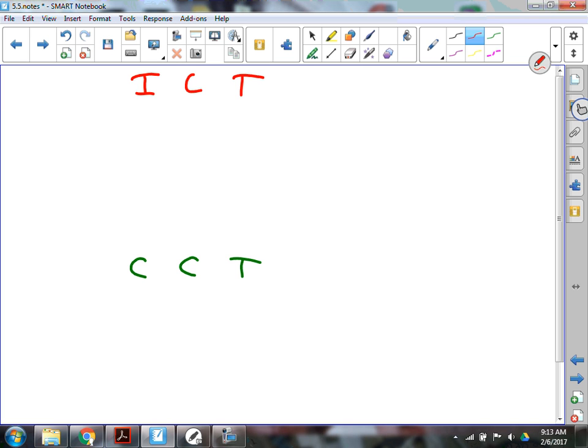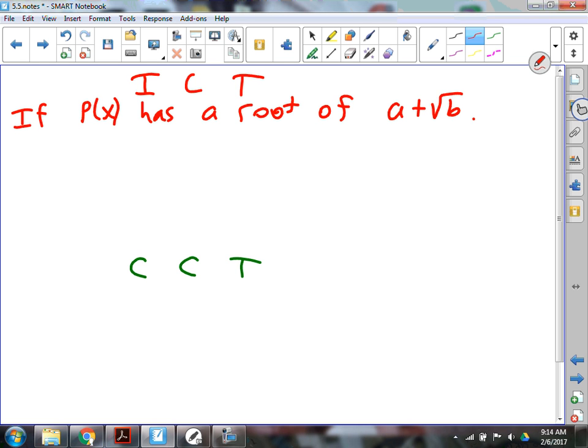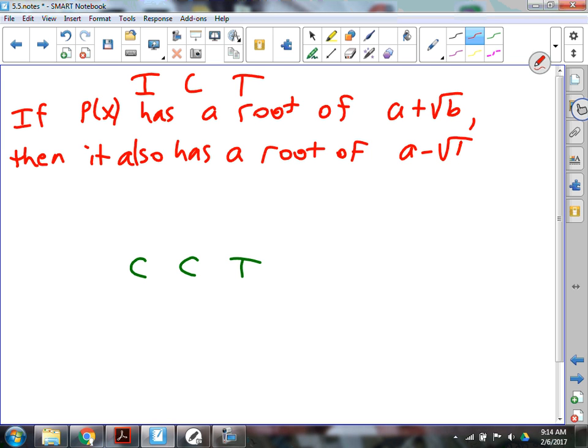So this says if P of x has a root of a plus rad b, then it also has a root of a minus rad b. The irrational conjugate theorem: irrational zeros show up in conjugate pairs.